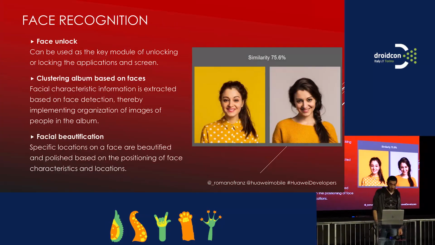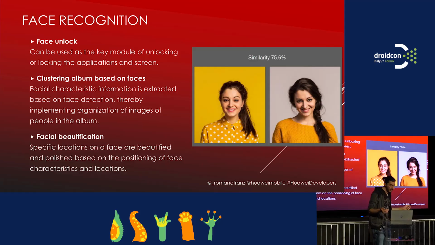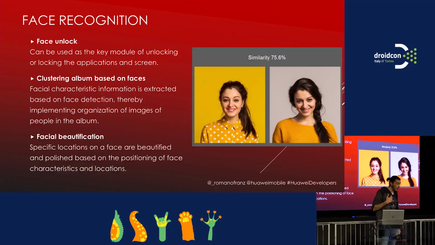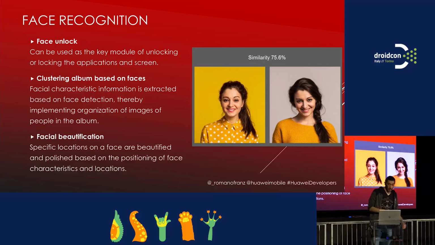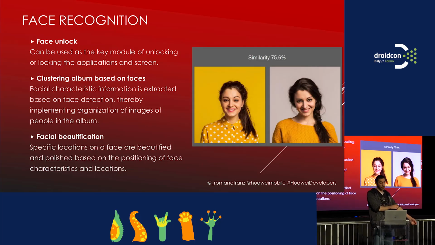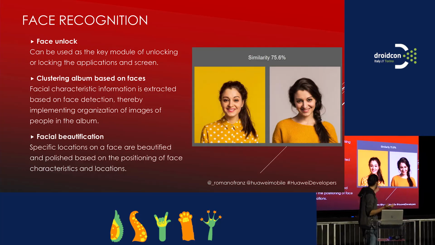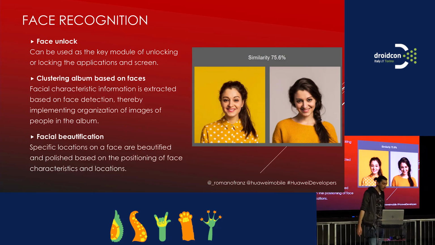Face recognition, beautification, and gender characteristics, different landmarks of the face. So you may imagine it is quite easy to understand if the girl in the first picture is the same as in the second picture.